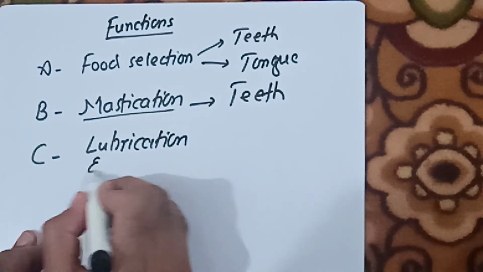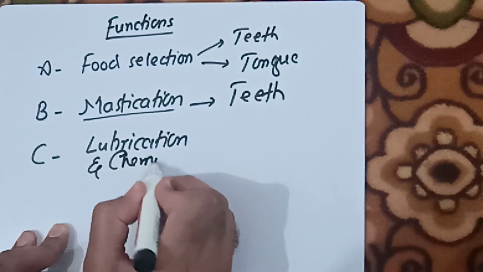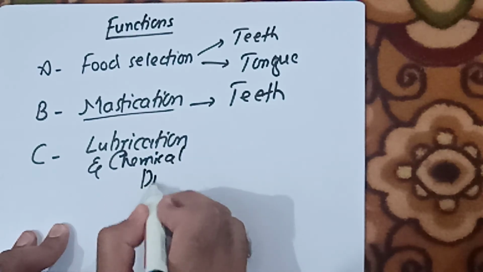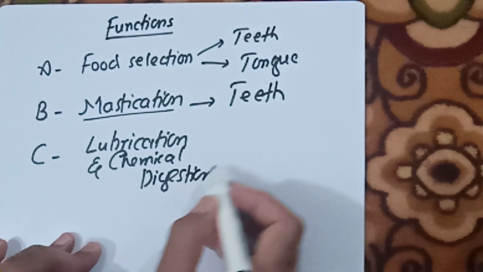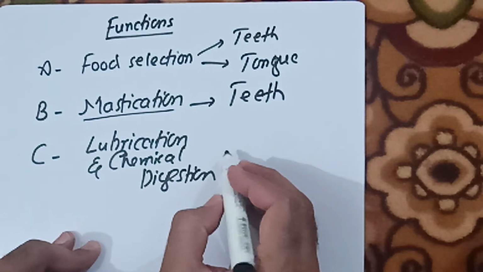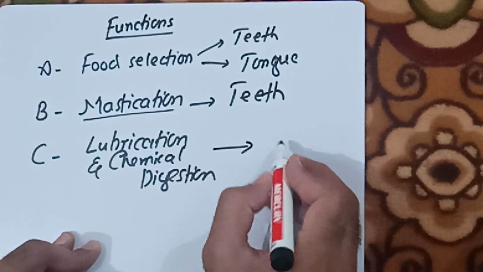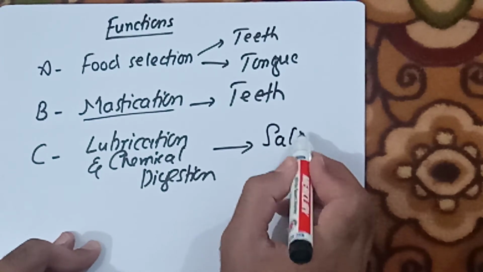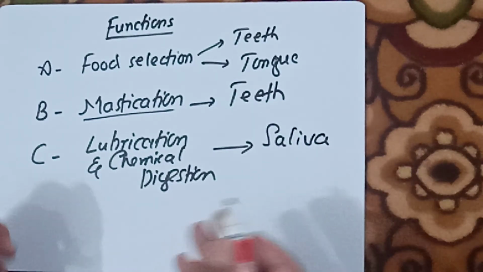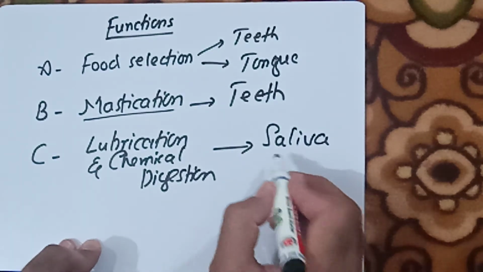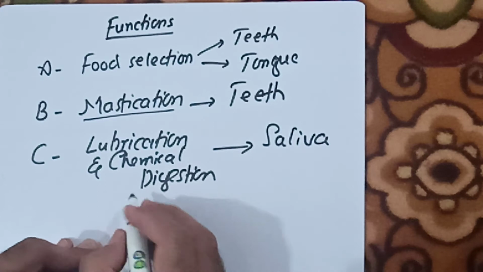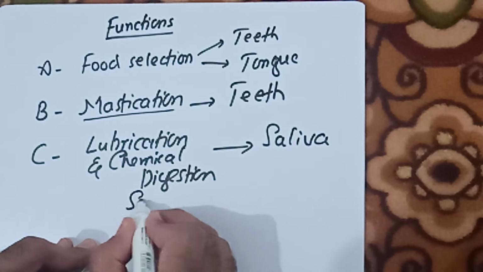Lubrication and chemical digestion. This lubrication and chemical digestion will be done by means of saliva. This is a fluid produced by the salivary glands. This saliva contains an enzyme called salivary amylase.